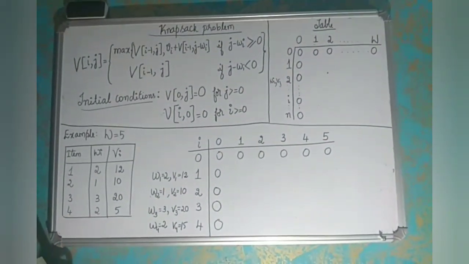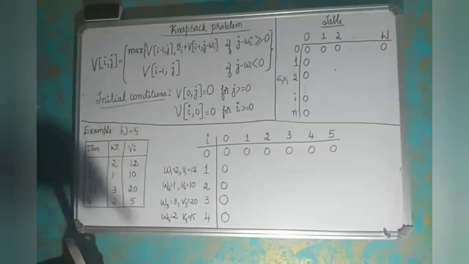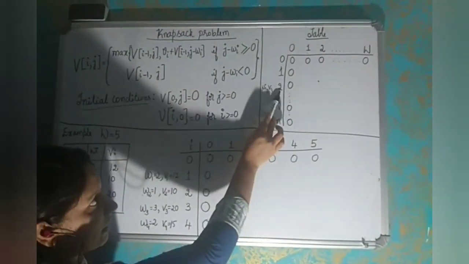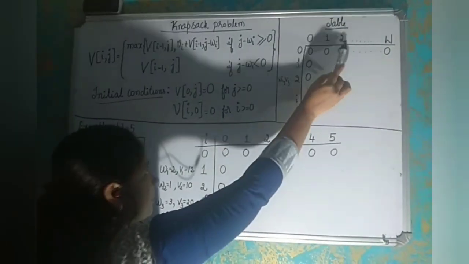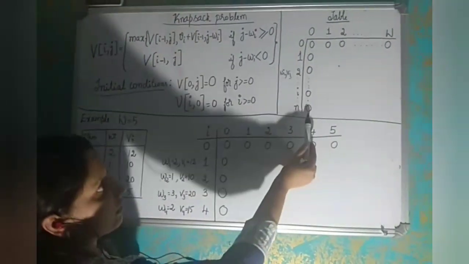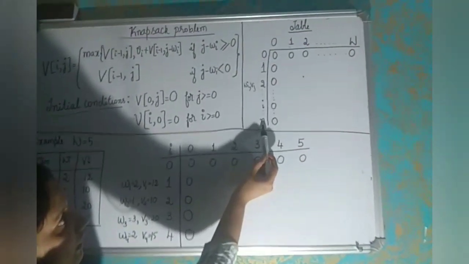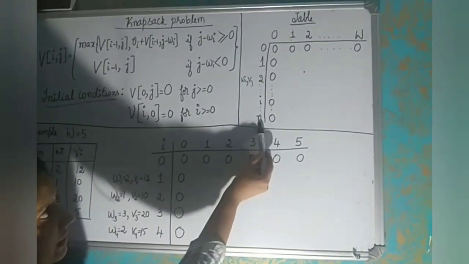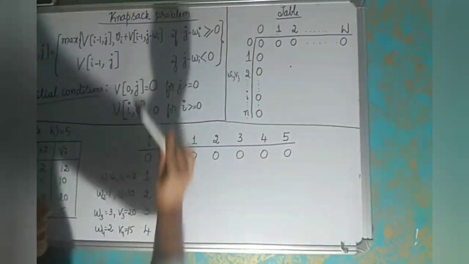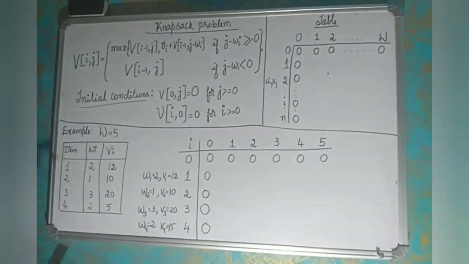Now we are finding the profit gain when there are 2 items and the capacity of the bag is 2. So here, what is the solution when you consider n items and the capacity of the bag is 0? That is the meaning of each entry inside the table.